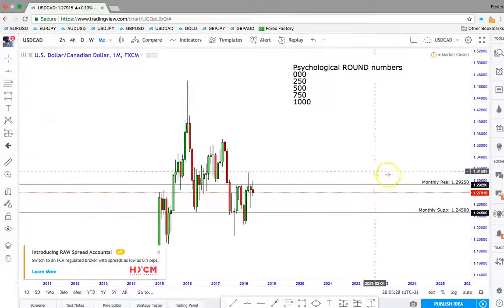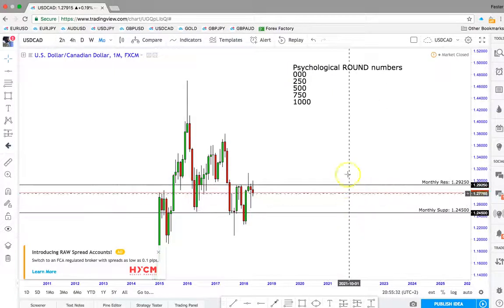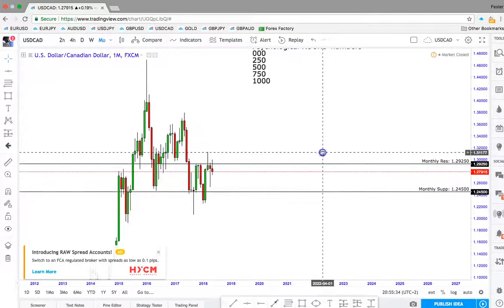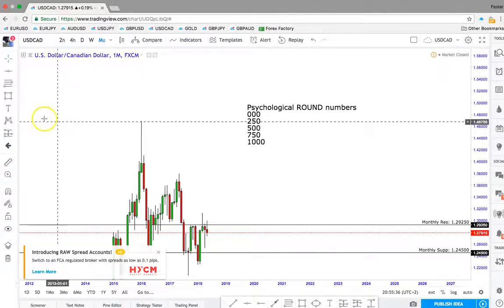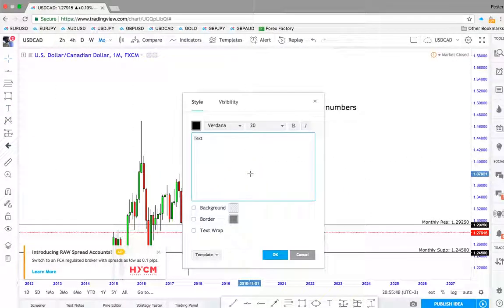Now guys, a rule that you want to keep in mind is you don't ever want your first two monthly levels to be more than 1,000 pips apart. Let me actually make a note here so you can make a note in your book as well.